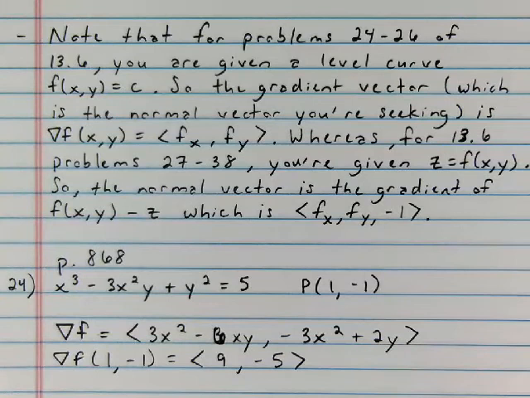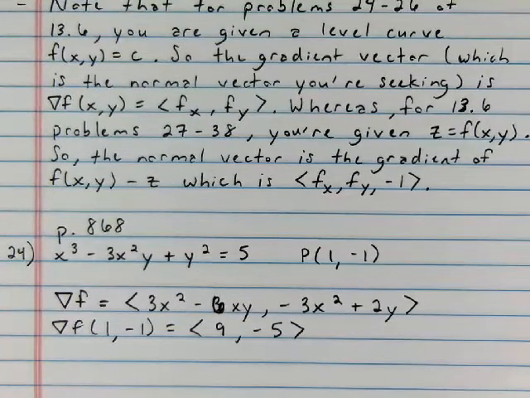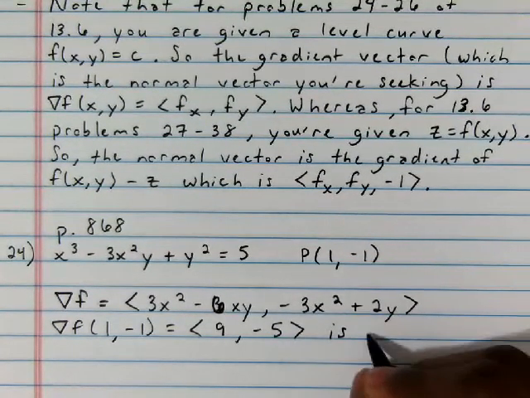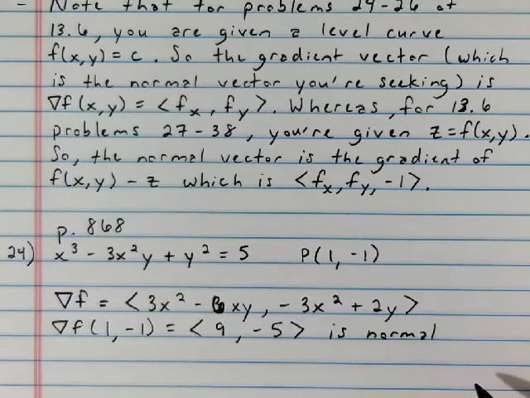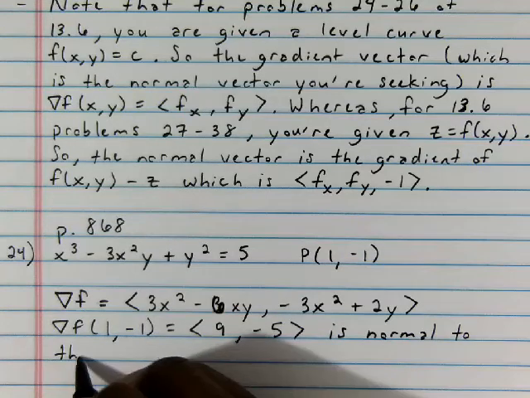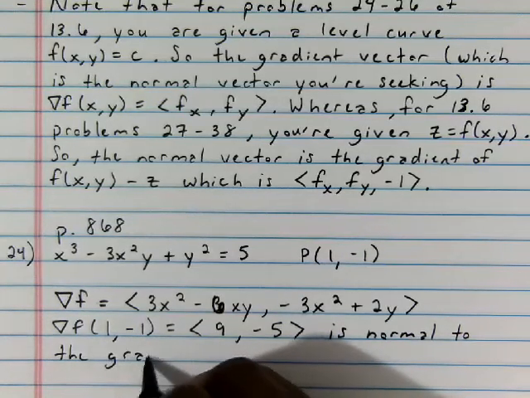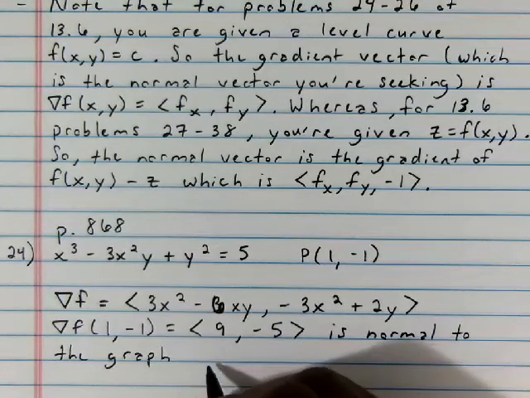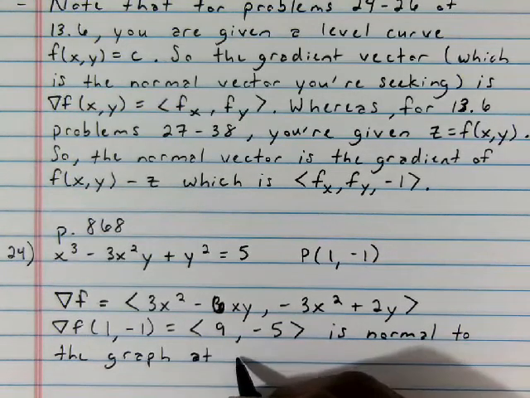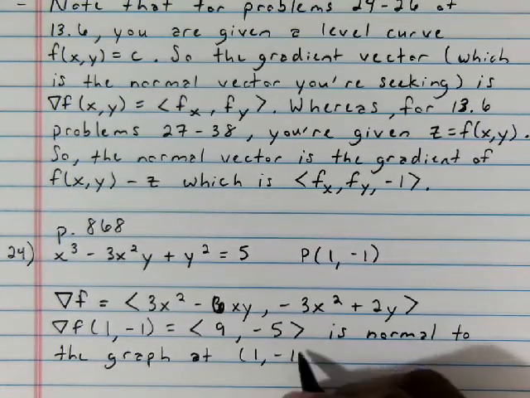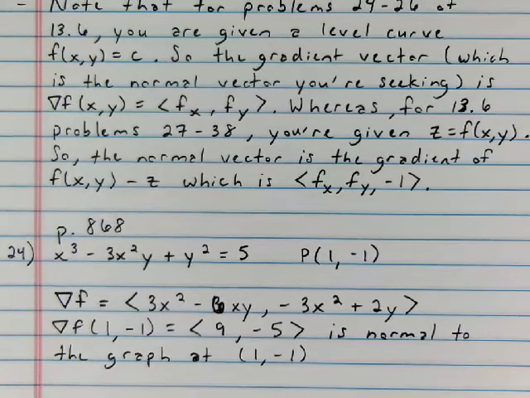So this is normal to the graph at 1 comma negative 1, and that's all they were asking for there.